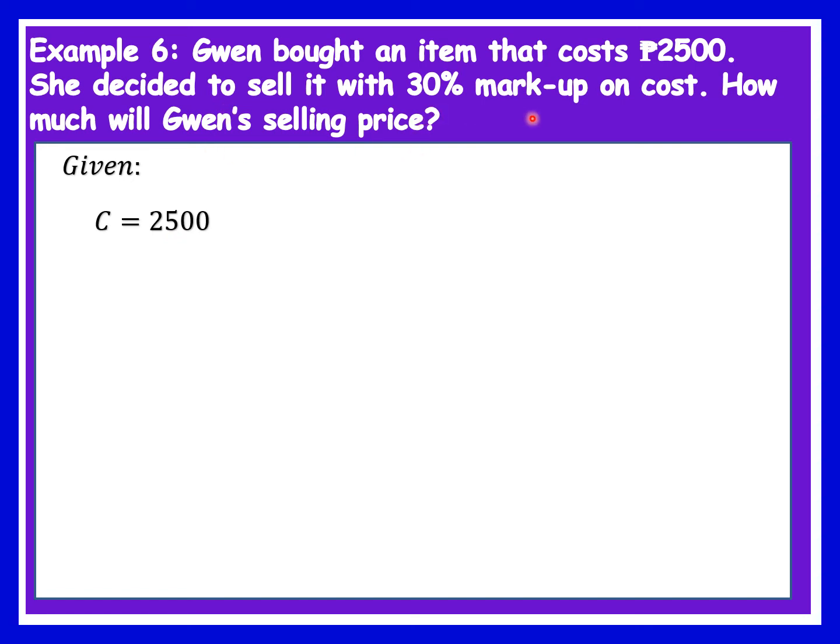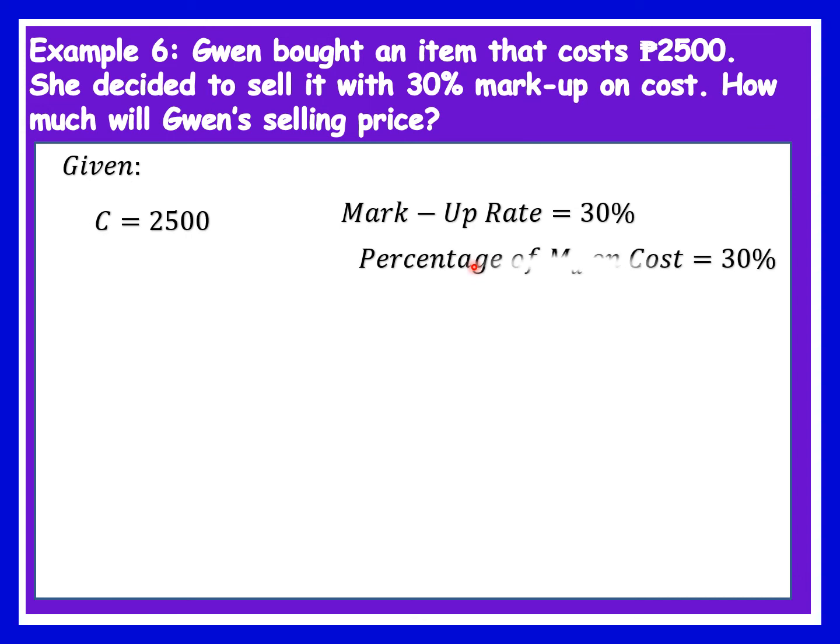And then there is a 30% markup on cost, or we can label it as markup rate based on cost. So we have markup rate, which is 30%, or the percentage of markup based on cost is 30%. That is the same.